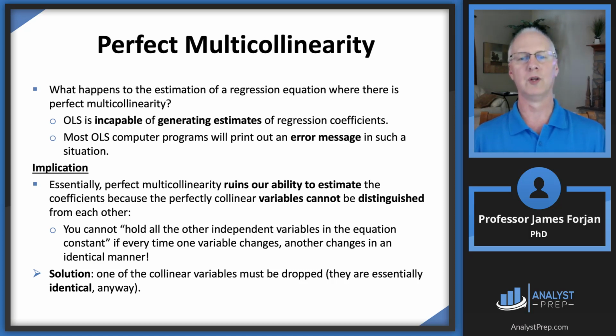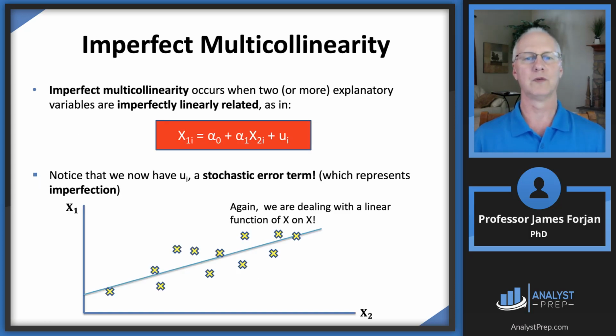It ruins our ability to estimate the coefficients because those variables cannot be distinguished from each other. So that whole thing that we talked about in a previous slide about holding one other independent variable constant, it just can't happen mathematically. So of course, this is misspecification, and you just drop one of those variables.